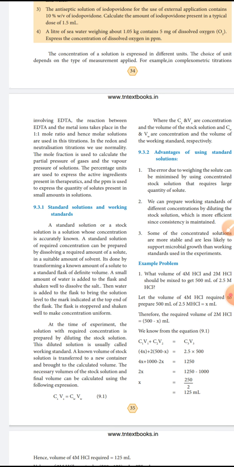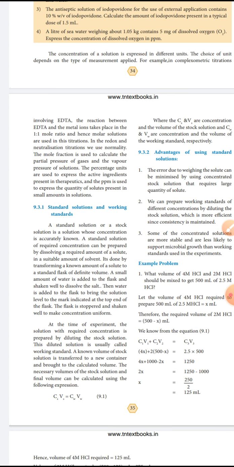A working standard is a solution of the required concentration prepared by diluting the stock solution. We know the concentration of the stock solution; when we dilute it by adding water, this diluted solution is called the working standard.